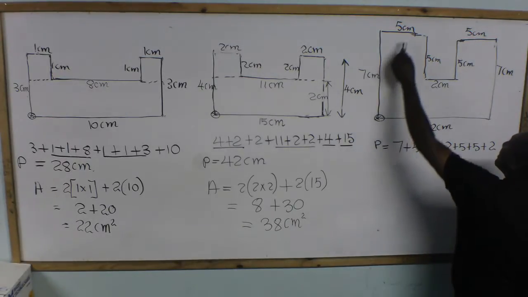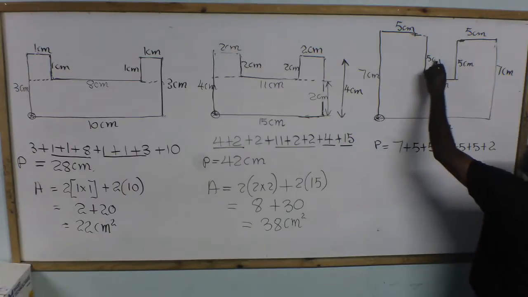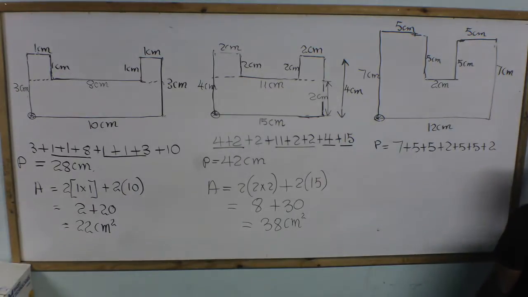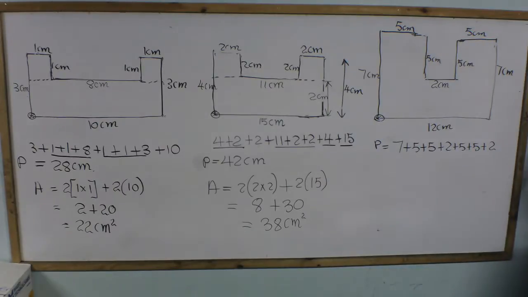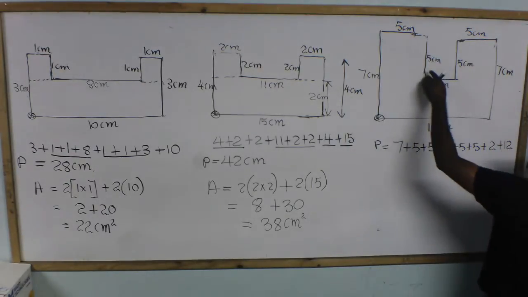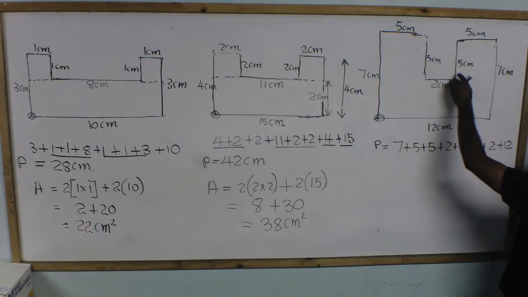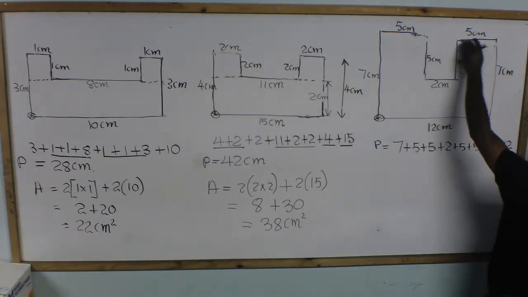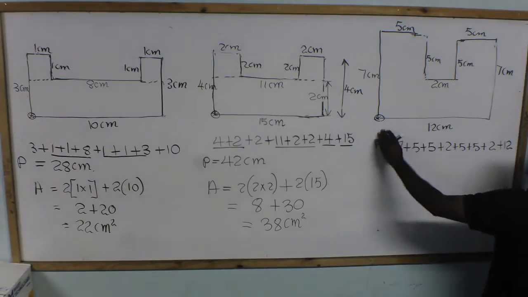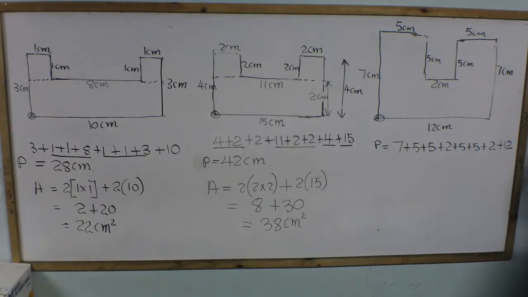So we can say 7 plus 5 plus 5, then we have 2 plus 5 plus 5 plus 7, then finally 12. So 7 centimeters, 5 centimeters, 5 centimeters, 2 centimeters, 5 centimeters, 5 centimeters, 7 and 12.